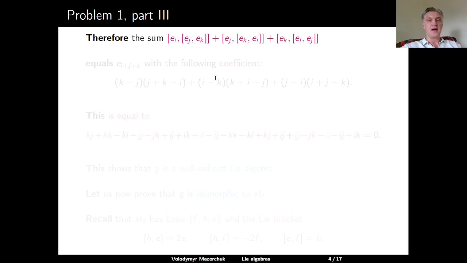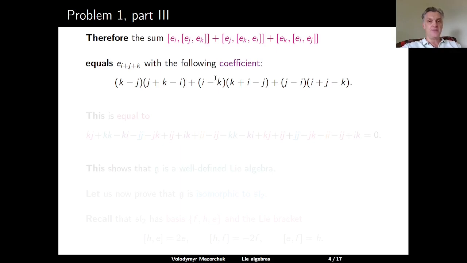And so our sum in the Jacobi identity for the three cyclic permutations of e_i, e_j, and e_k will be equal to e_{i+j+k} with the following coefficient: (k minus j)(j plus k minus i) plus (i minus k)(k plus i minus j) plus (j minus i)(i plus j minus k).